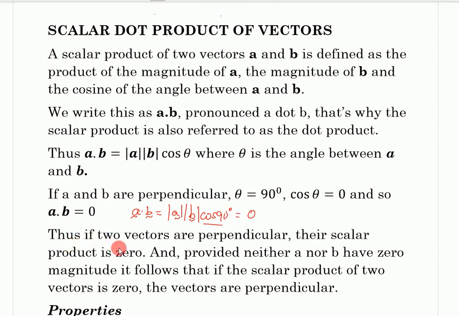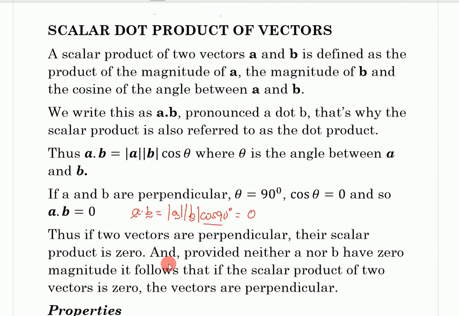Thus, if two vectors are perpendicular, their scalar product is 0. The converse is also true: if you get a scalar product of 0, it means the vectors are perpendicular. If vectors are perpendicular, their dot product will be 0.